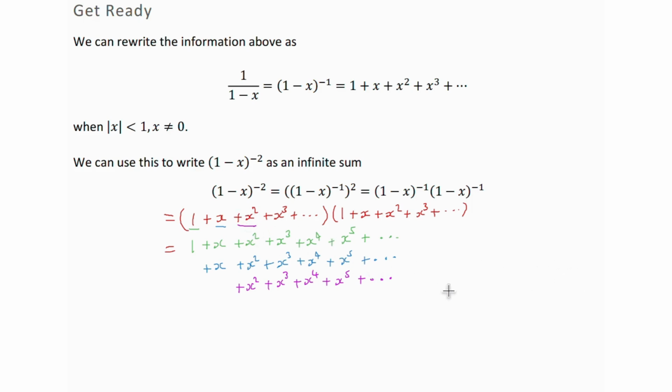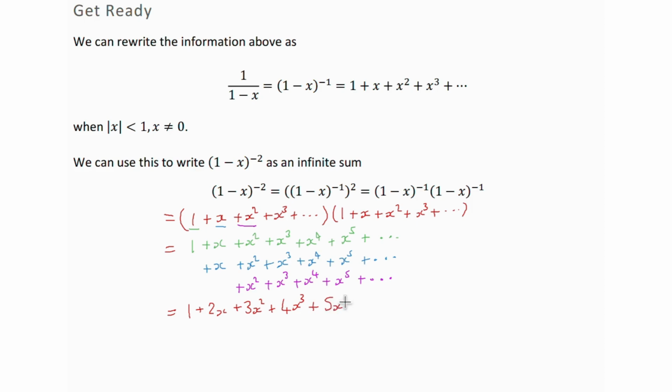And I could keep going along this pattern, keep expanding, but by this point, hopefully we can see what's happening. Now I've lined it up here to make it easy to see what's happening and how we can combine these. Here we have got 1, and then we have got 2 x's, and then we've got 3 x squareds, and then we're going to have 4 x cubeds, because we're going to have x cubed times 1 in the next one.